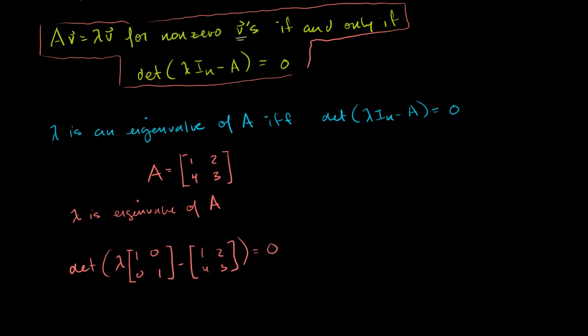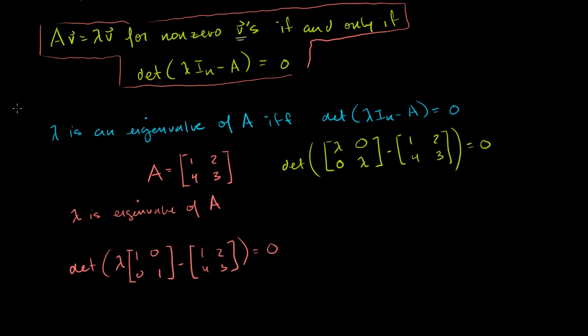Well, what is this equal to? This is the determinant of lambda times all of these terms. So it's lambda times 1 is lambda, lambda times 0 is 0, lambda times 0 is 0, lambda times 1 is lambda. And from that, we'll subtract A. So you get 1, 2, 4, 3. And this has got to equal 0.